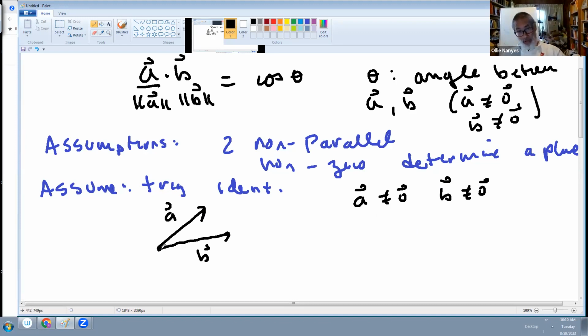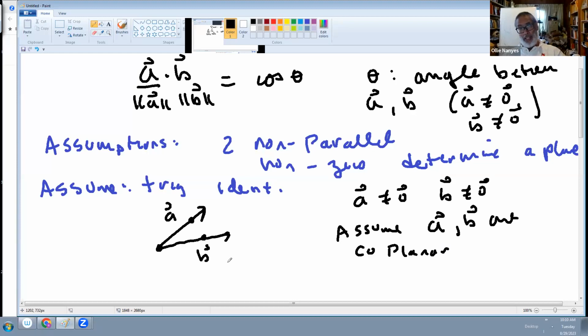These two vectors I'm going to draw with a common point, and you can draw some point on A, and some point on B, and we'll assume that A and B are coplanar. And you can do that if B is not in the same direction as A or in an opposite direction. So we'll assume that these are non-parallel vectors.